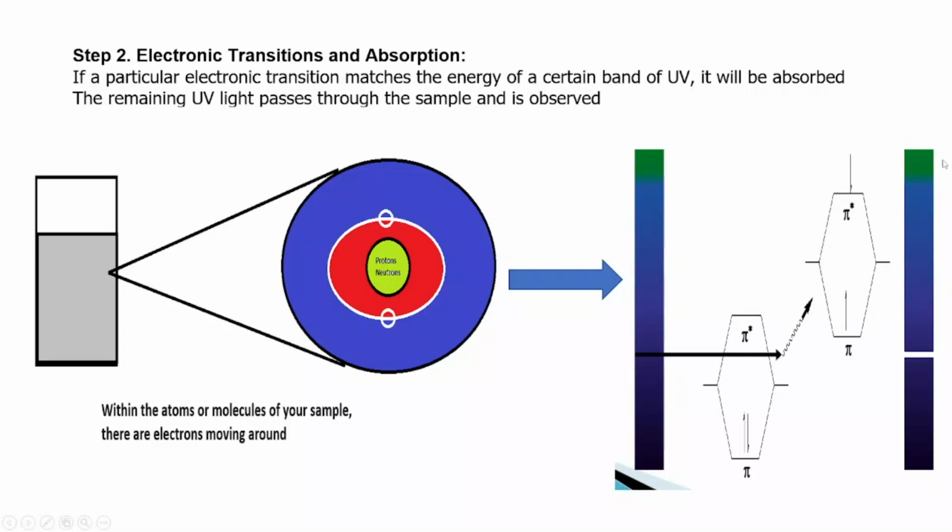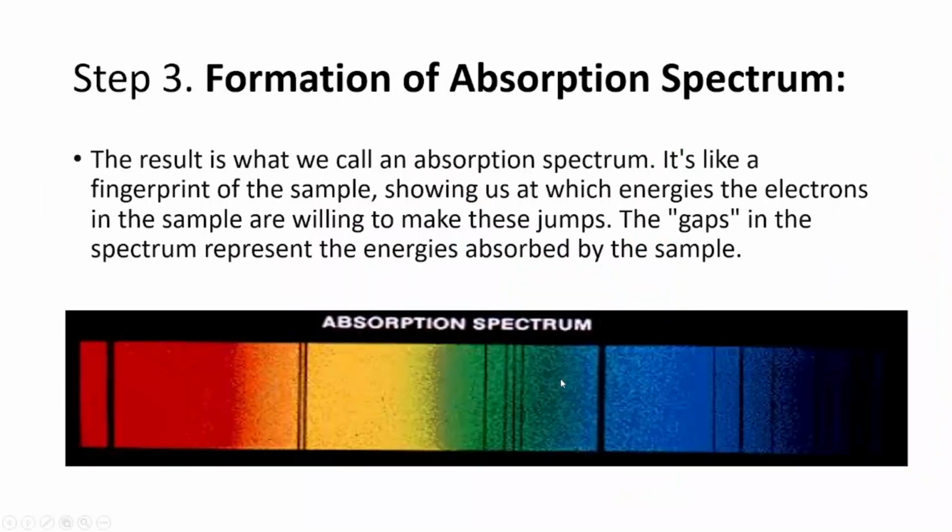You will get a resulting spectrum, and that resulting spectrum is what we call the absorption spectrum. That absorption spectrum will give you useful information. What is that useful information? It will tell you the exact energy and the exact wavelength of radiation that was absorbed throughout the process. This is just a pictorial representation of how an absorption spectrum looks.